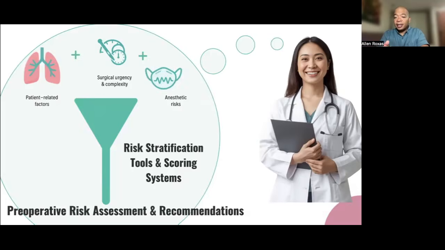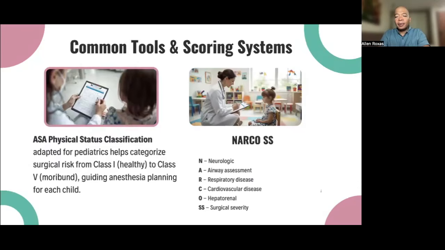They should be assessed all together. Then, using the different stratification tools and scoring systems, we can synthesize these factors into a structured risk estimate, supporting more consistent recommendations and clearer communication with the surgeon, anesthesiologist, and the family of the patient.